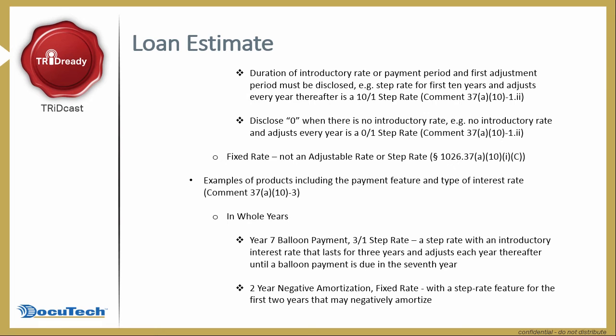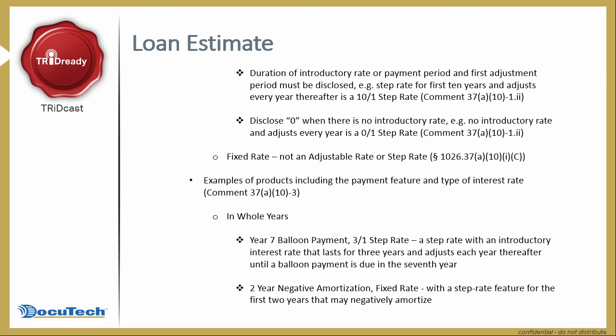thereafter. The next situation we're going to look at is a fixed rate loan with a step rate feature for the first 2 years that may negatively amortize. The way you would disclose this scenario would be a 2-year negative amortization, comma, fixed rate.